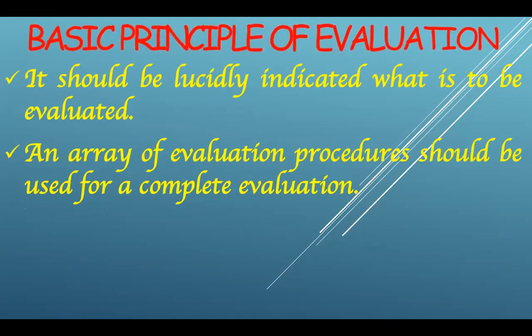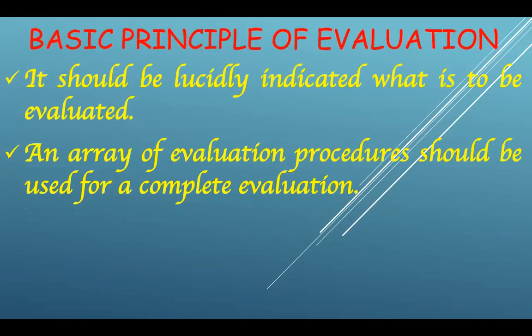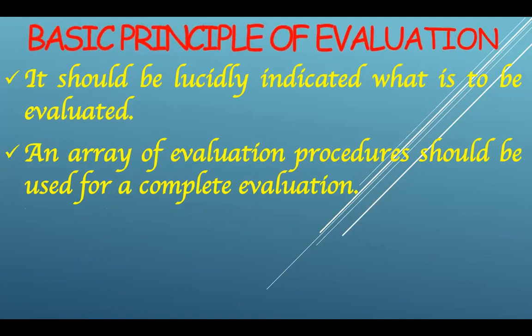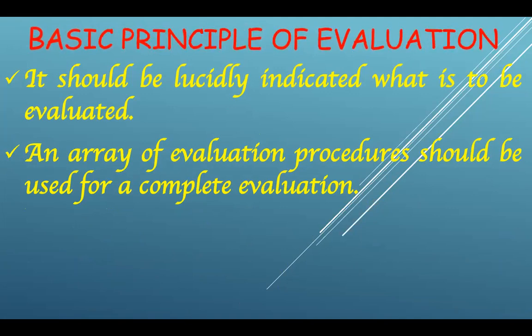There are three aspects of the achievements. You may be knowing that there are the cognitive aspect, affective aspect, and psychomotor aspect. All the aspects of learning are not possible to evaluate by a single technique or a single tool.